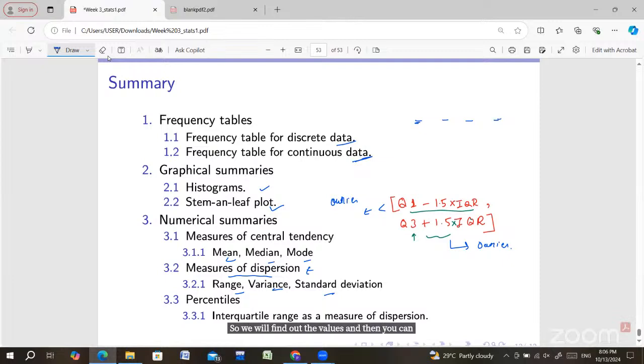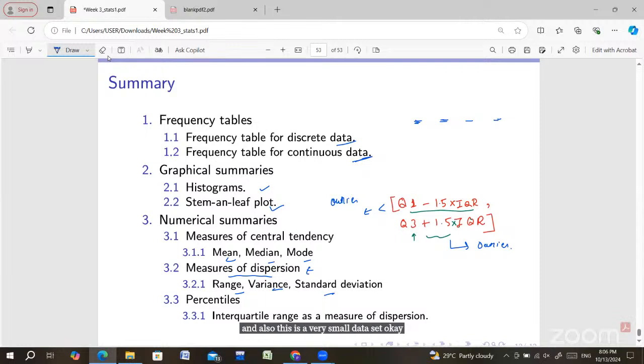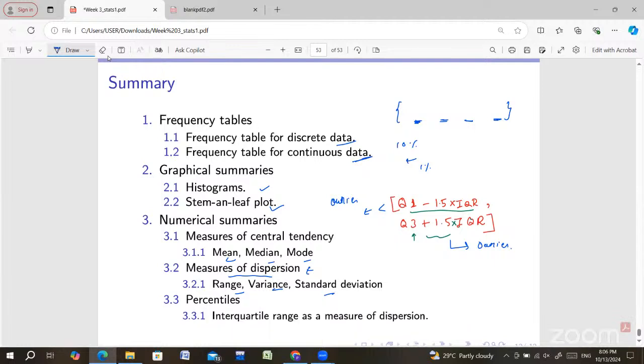I will not say directly without calculating. Also this is a very small data set. If 10% of values are below the first percentile, then definitely it will be one value only. Then how can we calculate which data falls in the Q1 range, that is minimum to Q1?